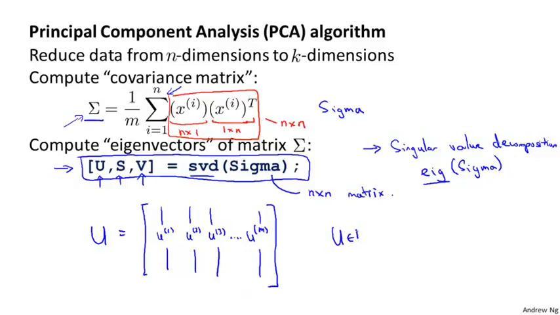So if we want to reduce the data from n dimensions down to k dimensions, what we need to do is just take the first k vectors. That will give us u1 up to uk, which are the k directions onto which we want to project the data.